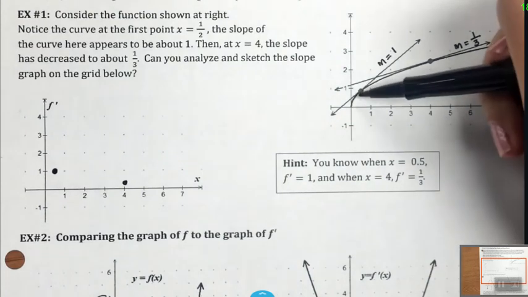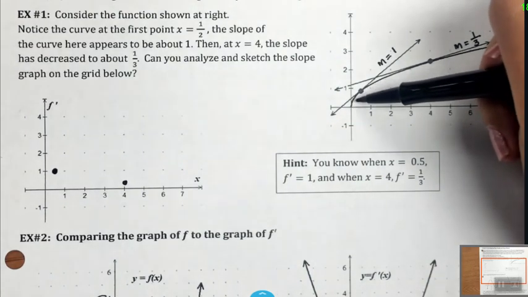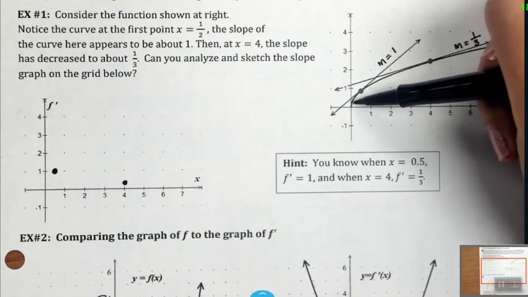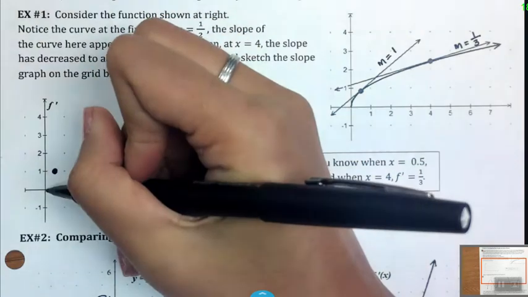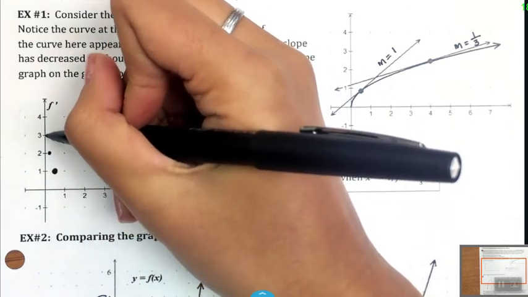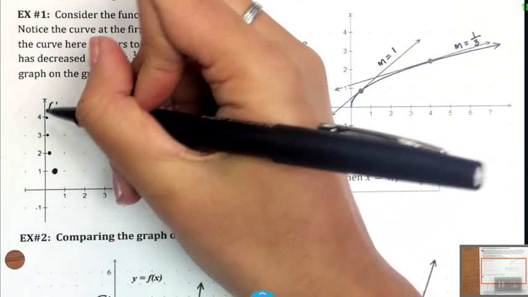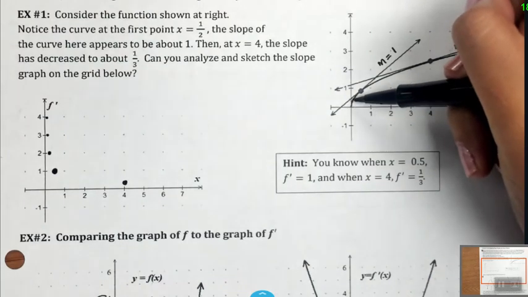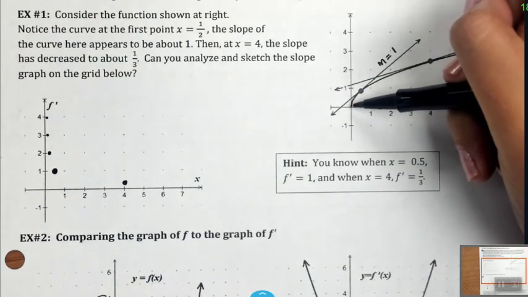On this side of 0.5, is the slope greater or less than 1? It's greater, right? So for all of the values on this side, the derivatives will be greater, and they get steeper and steeper on this side until it's almost an undefined slope.